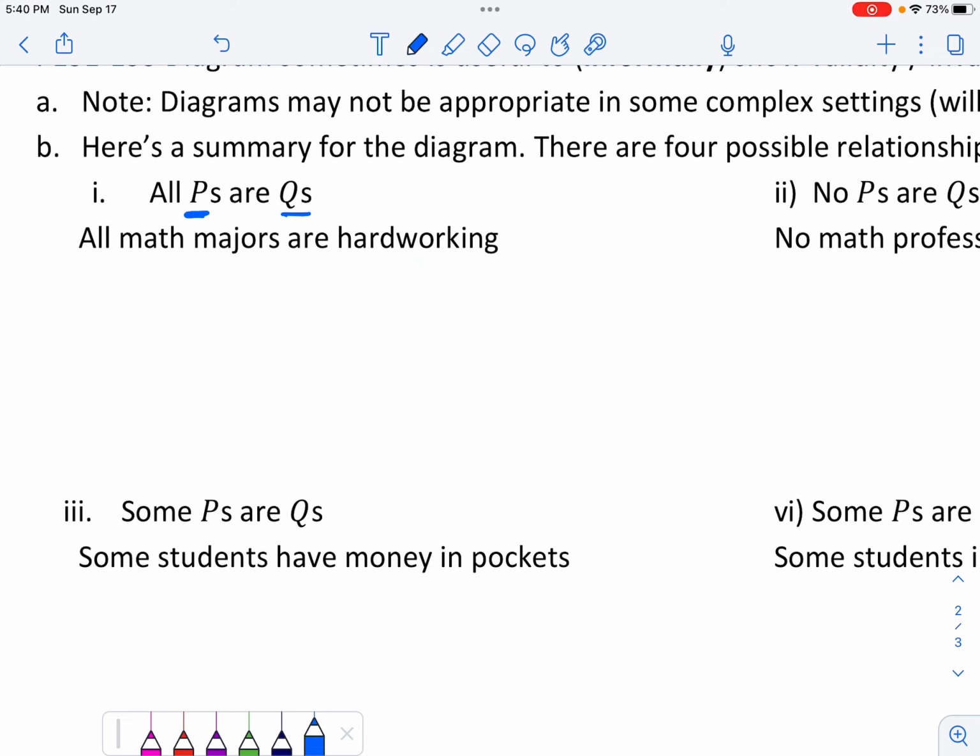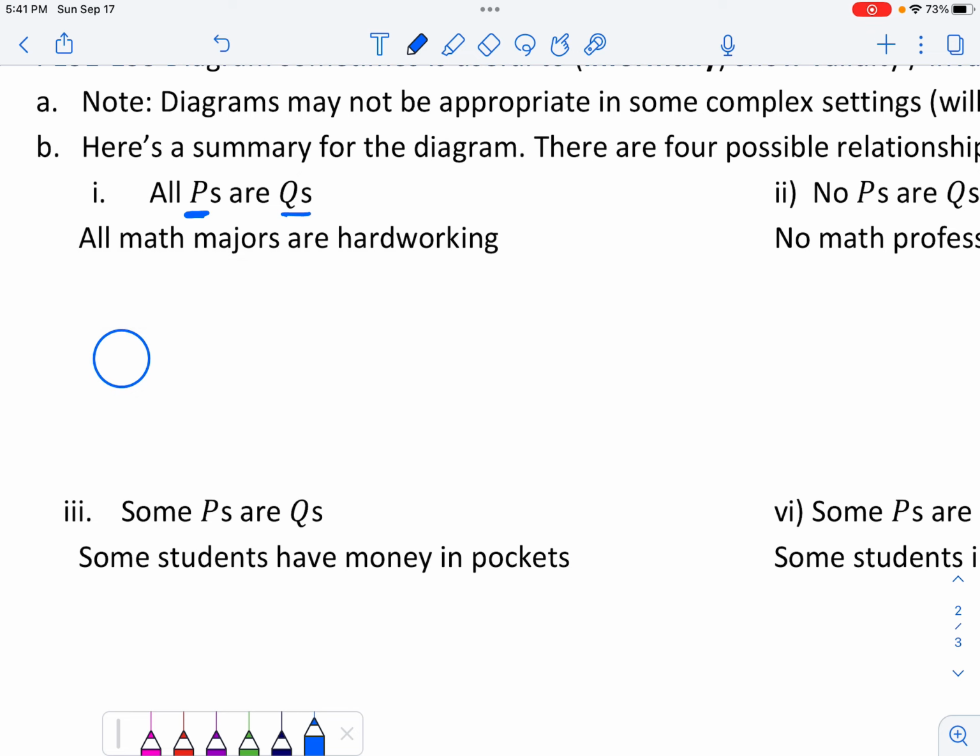Now, how do we visualize, or use a diagram to represent and summarize this relationship? All P's are Q's. Oftentimes we create a circle to represent sets.